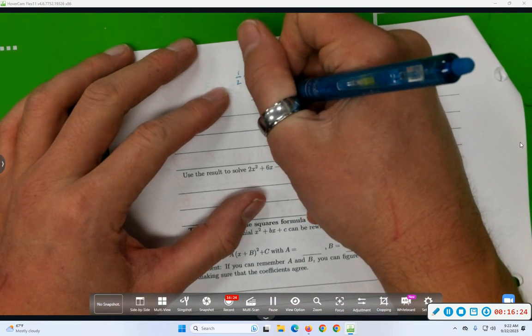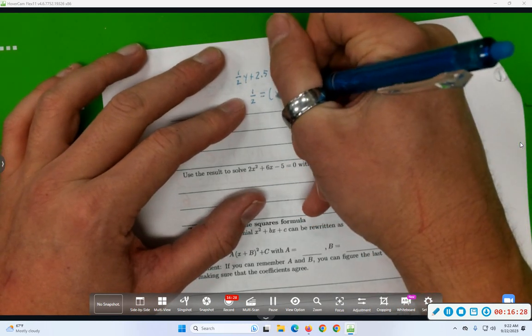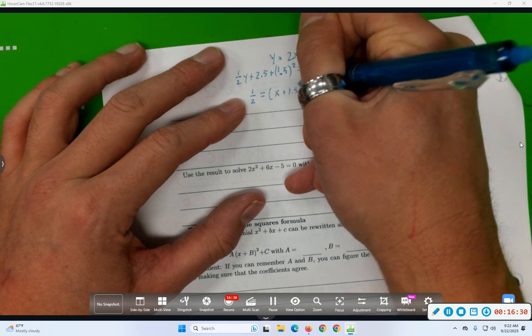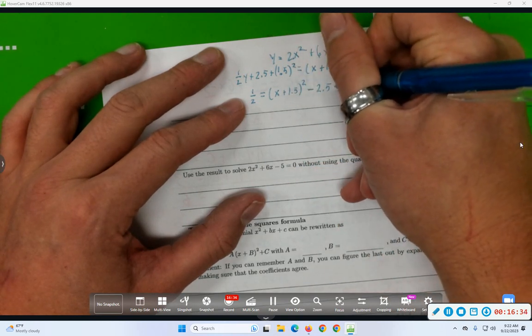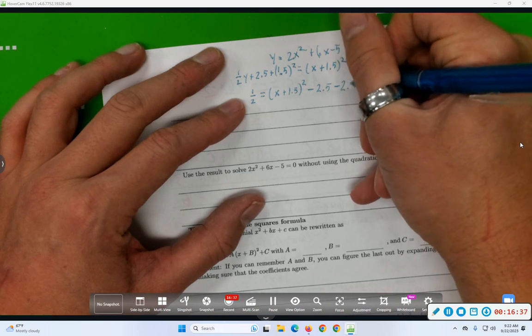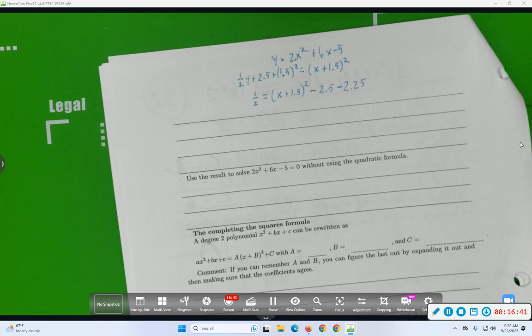Maybe I'll do it in 2 steps because I am feeling like I can't do anything complicated all at once right now. X plus 1.5 squared minus 2.5 minus, and you already told me what 1.5 squared is. It's 2.25, and I think I trust you. Well, maybe I should double check how many other people also computed 1.5 squared. Get the same?